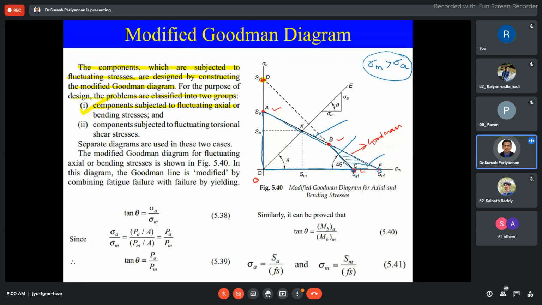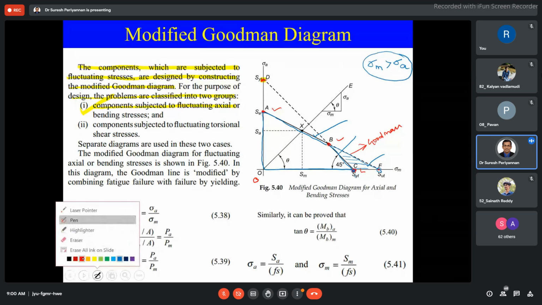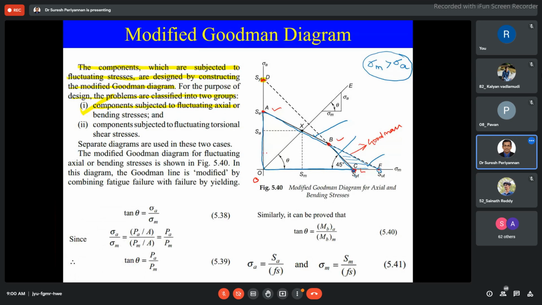For example, I can draw the line B here, especially in the yielding region. This is our stress amplitude measured from the material experiments, and this is our sigma mean.